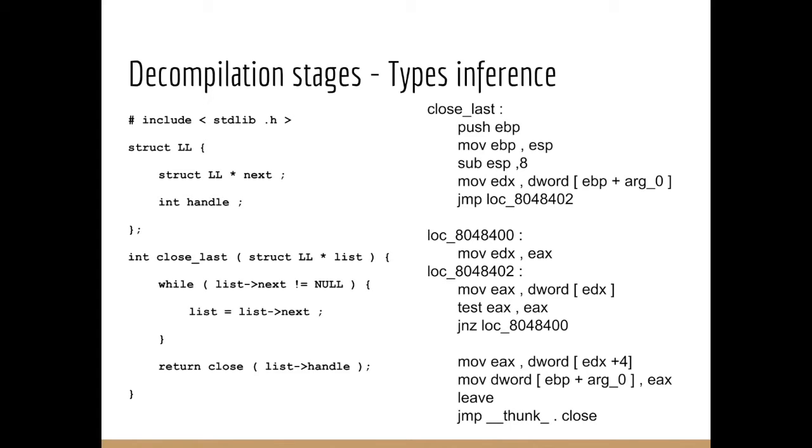The simplest type inference will recognize the handle, especially, for example, here we can see close, which is a function with a known prototype, so we can add this in the constraints. I will not show you the full constraint system because it will not fit any slide, but you can find examples of constraints in the papers I referenced at the end of the slides.